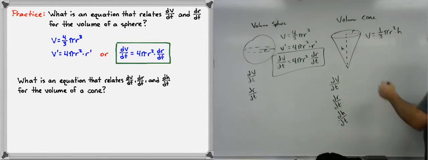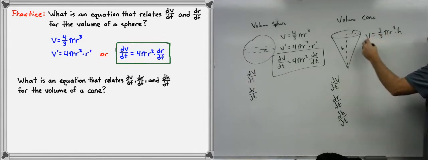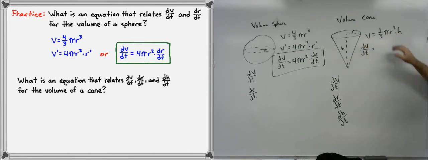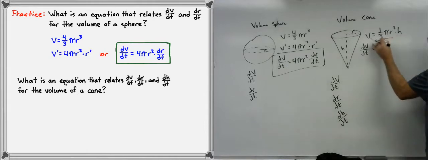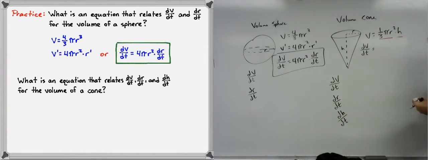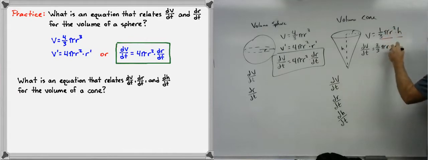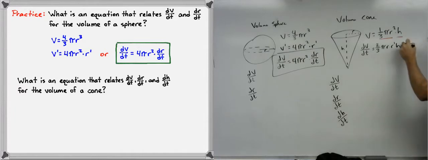Taking the derivative of this, the derivative of v with respect to t is dv dt. The derivative of this side, well, I'm going to treat 1/3 pi r squared as one of the functions and h as the other. So that's going to be 2/3 pi r times r prime times h, because I'm using a product rule, plus h prime times 1/3 pi r squared. And I'm running out of room here, so hopefully that's all there.